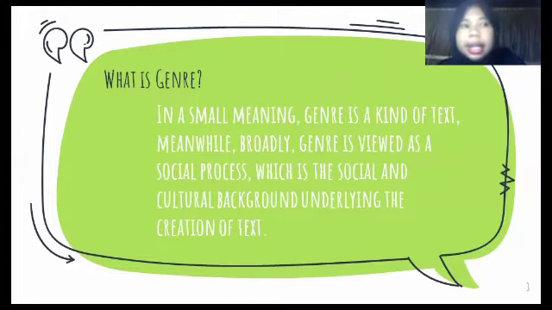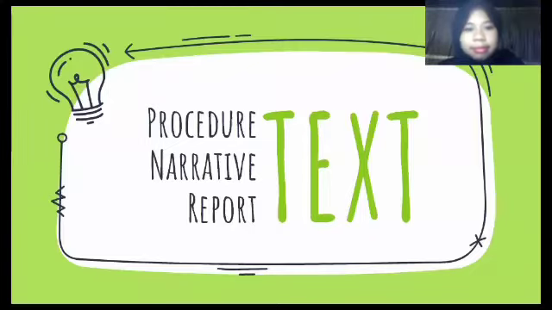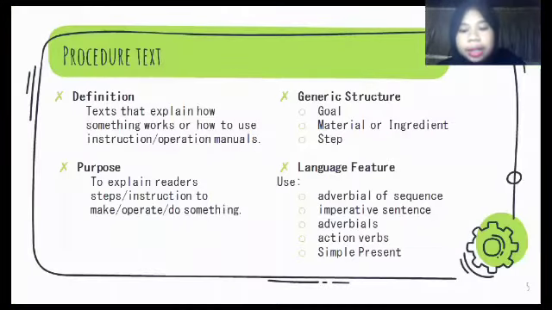But here, I just explain 3 of those: procedure text, narrative text, and report text. Okay, first is procedure text.